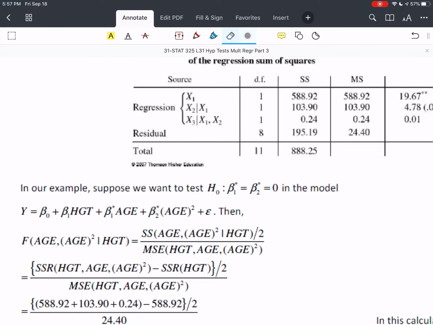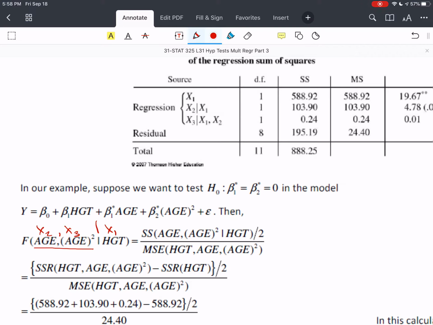We have F of age, and so what we're doing is we're going to say age and age squared. So this was x2, x3, given x1. So x1's already in the model, and this is x2, and this is x3. So that's what we're doing.